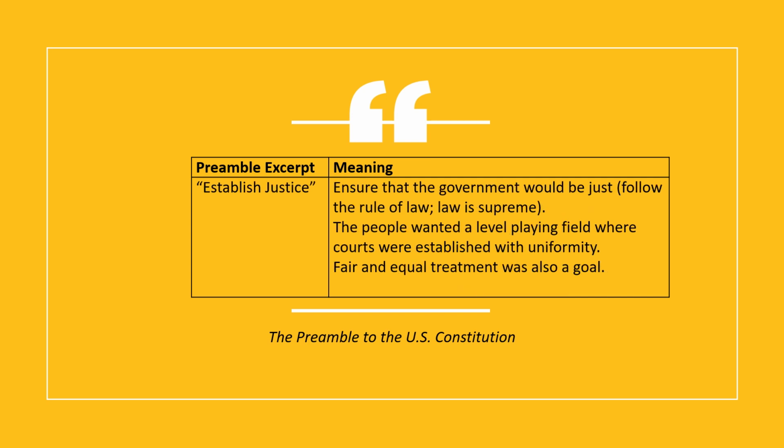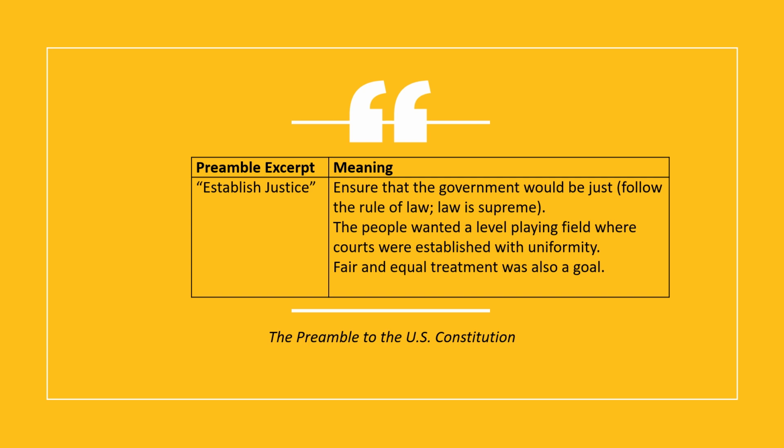To establish justice. To establish justice ensured that the government would be just, would follow the rule of law, and would treat the law as supreme. The people wanted a level playing field where the courts were established with uniformity.